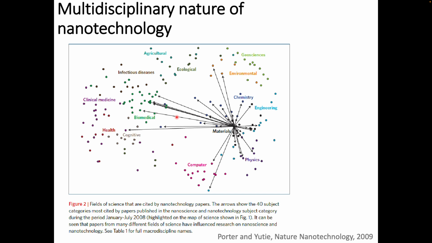Then researchers from different areas employ that recipe or use those materials in their own fields, right? In this case, one paper was cited by physics, computer, chemistry, engineering, biomedical, and cognitive. So if you introduce one critical idea, it can make a significant impact on different areas.